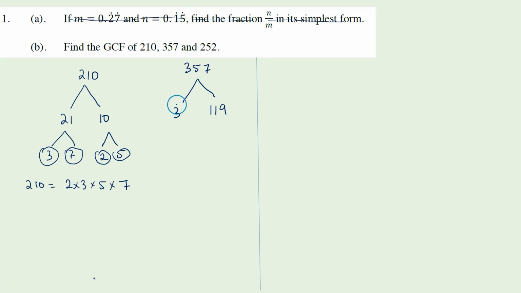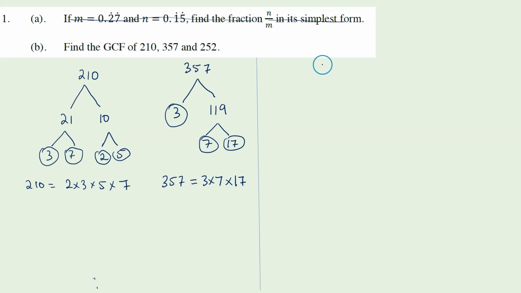So 3 is a prime number. I'm going to circle that, and 119 is 7 times 17. Okay, so they are both prime numbers. I'm going to circle them. So 357 then is going to be equal to 3 times 7 times 17.